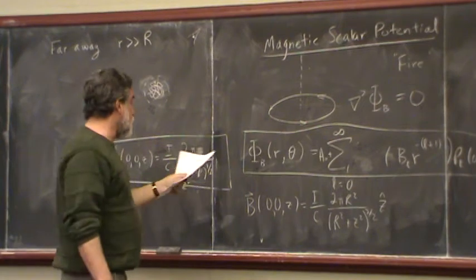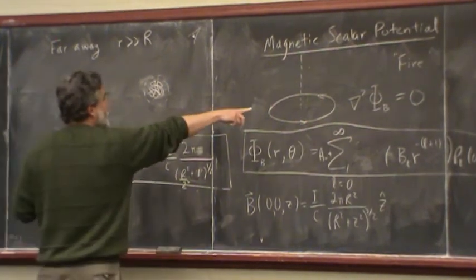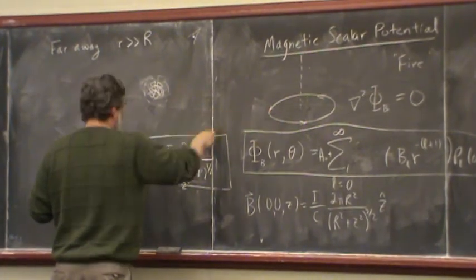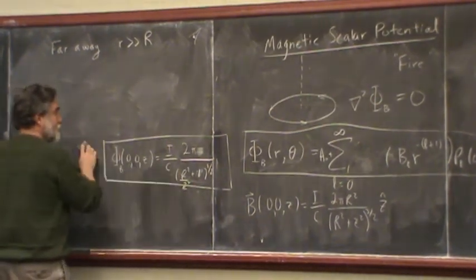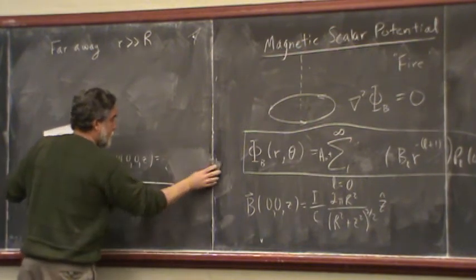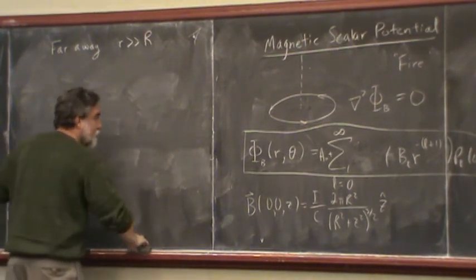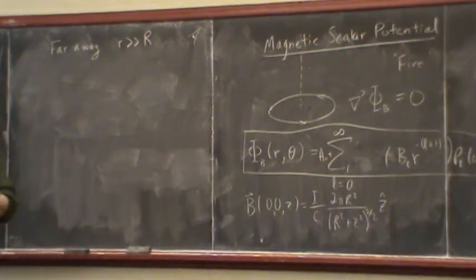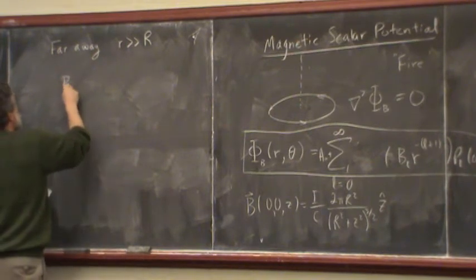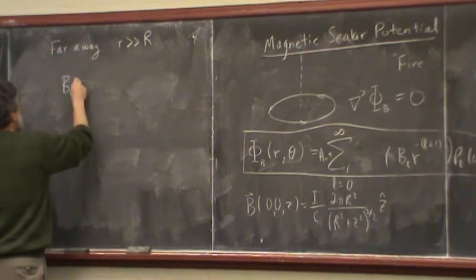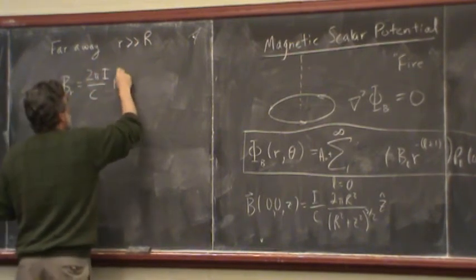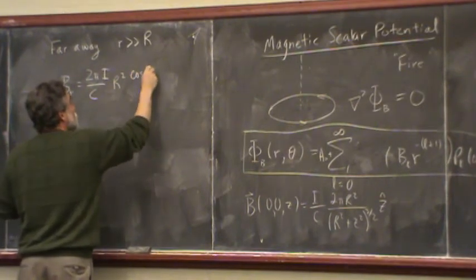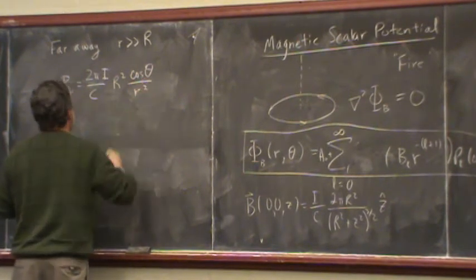And if I get sufficiently far away from that distribution, so for that special one, let me erase this. I've got this at distance, I won't need this. I've done the matching and I have found the coefficients, right? Then I find that the magnetic field that points in the radial direction is 2 pi I over c r squared cos theta over little r squared.